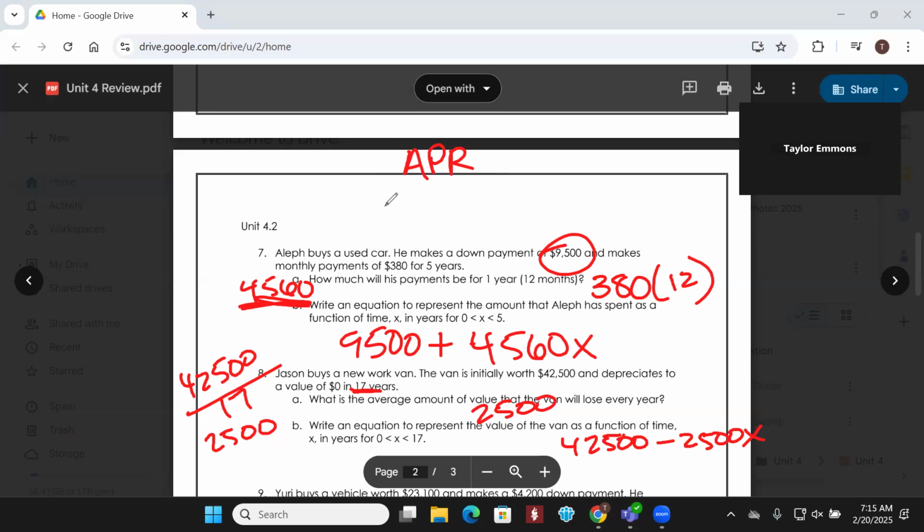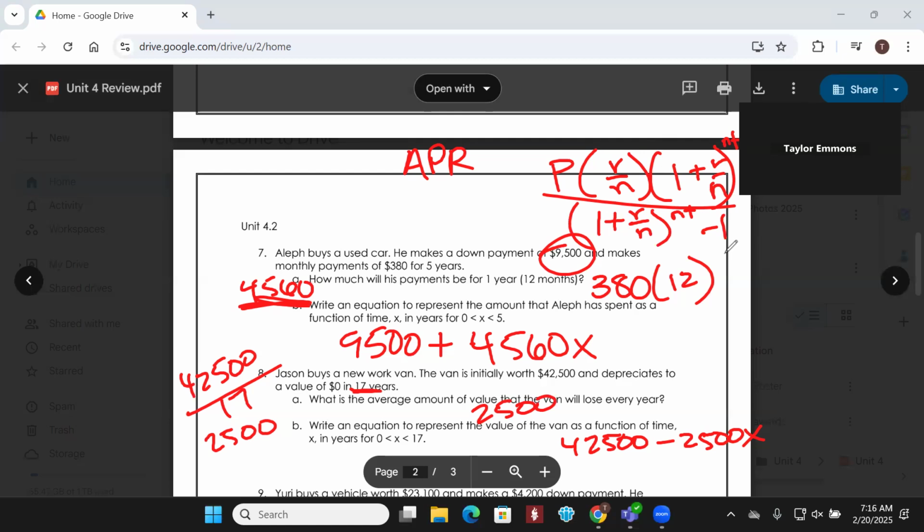Okay, so that one's going to be the monthly payment one. So if it says APR, you're going to use the monthly payment and then multiply by how many months and years you have, and that'll be your final payment. And then you compare, because normally it's option 1 versus option 2.